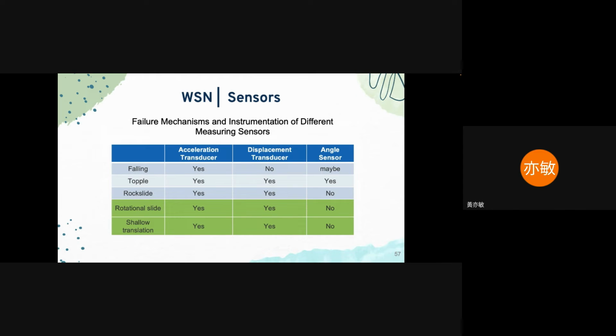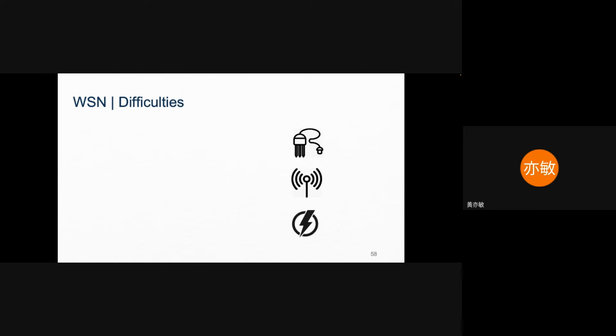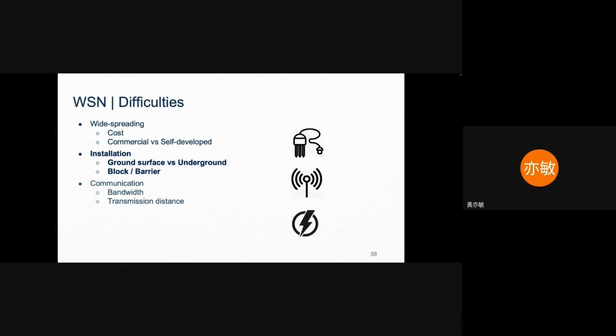And we can set up each sensor all together to construct what we call a WSN. Even though the WSN is very convenient for our monitoring, we also have some difficulties today. The first one: remember that when we try to cover an area, we need a lot of sensors.